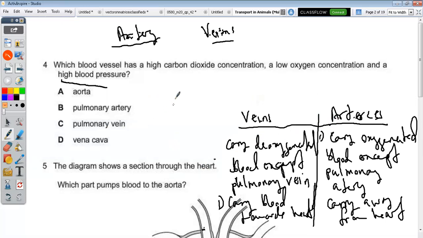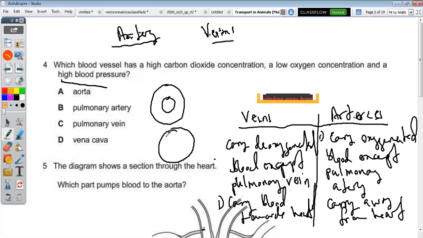If I was to draw the diagrams, if you are doing further studies, you get something like this, and something that looks like this. These are arteries, with a small lumen. These ones have a large lumen. What's the reason?